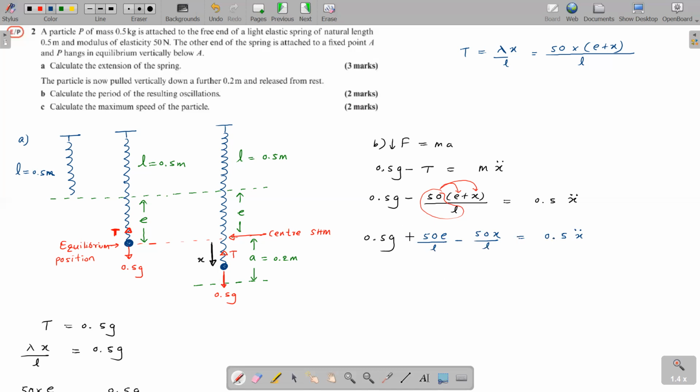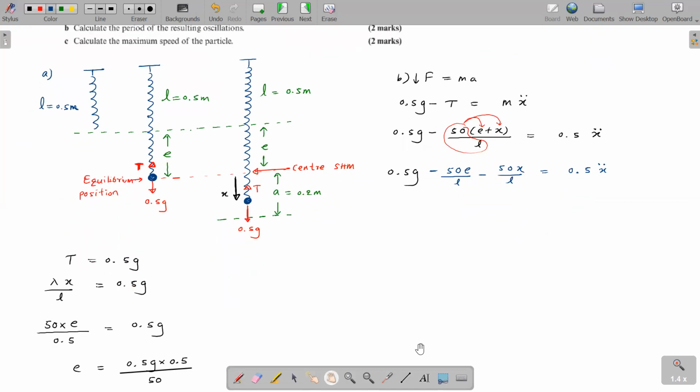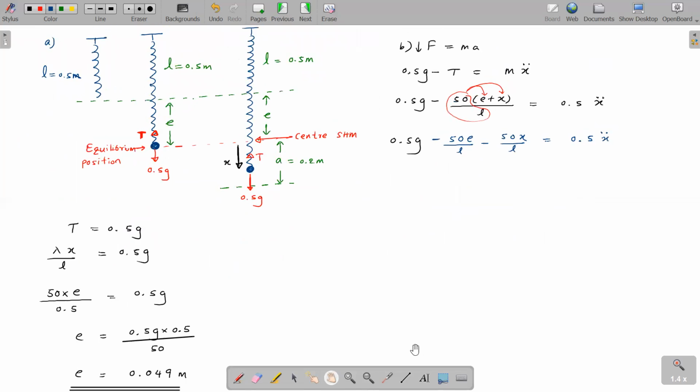Yes. Okay, so now I think you can see, as I told you previously, we actually have the exact value of E. You can see that we have here 50E over natural length, and 50E over L is 0.5g.